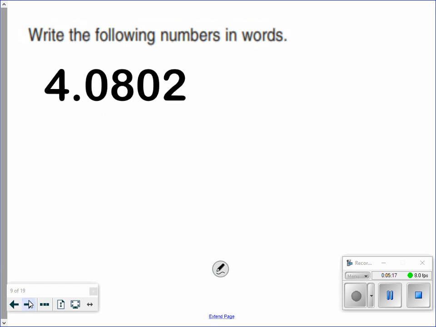Let's take a look at this one. We're at 4.0802. Keep in mind, if we have a decimal in it and we have a number before the decimal, we have to respect that number. So it's 4, and that's what represents that decimal, right?